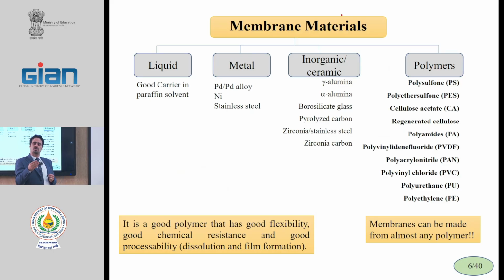For example, with sulfonation, with carboxylation, with amination, with cross-linking, or addition of other additives, or blending of a polymer with other polymers. Therefore, you can find in literature that every polymer has been used in membrane fabrication, but the mostly used polymers are these polymers.